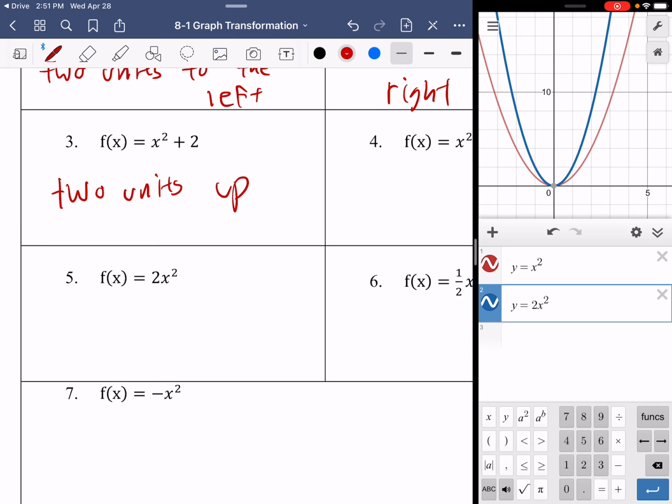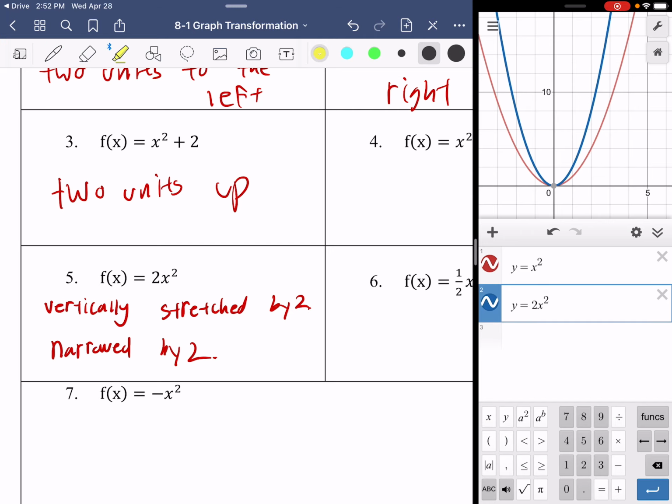We call it vertically stretched, because you're just stretching it vertically up and down, okay? By 2. Or we can say narrowed by 2. But normally we just use the word stretched. We rarely use the word narrowed, all right?